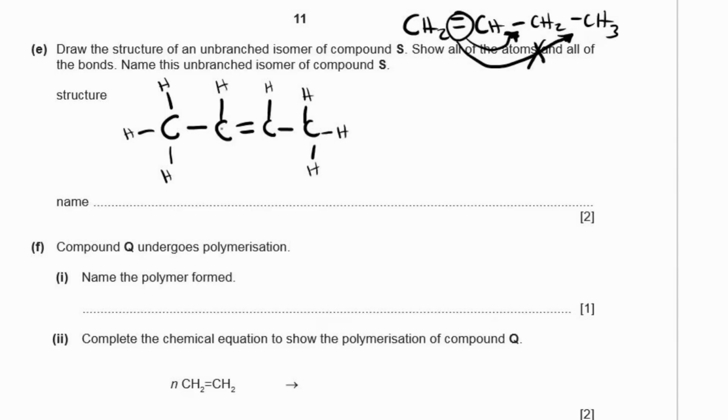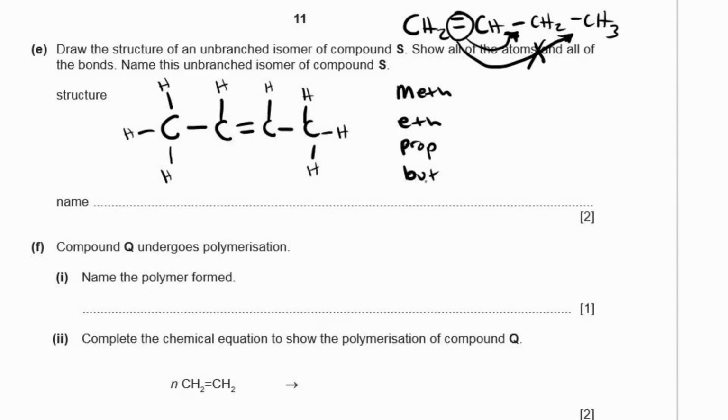Okay, so now we need to name this molecule that we've just created. First of all, you have to start with how many carbons there are. Is it a meth, eth, prop, or but? How do you remember which order they go in? I like to say monkeys eat peeled bananas: meth, eth, prop, but.